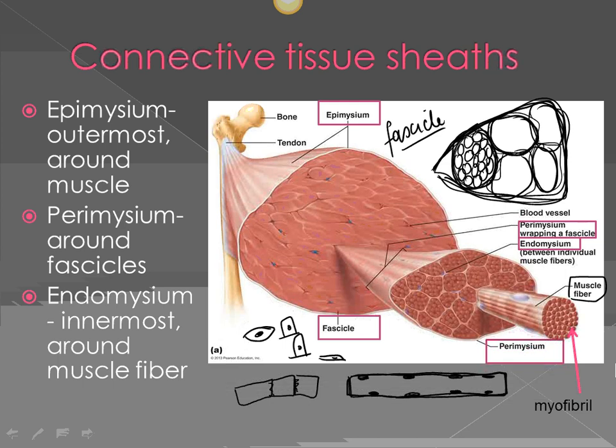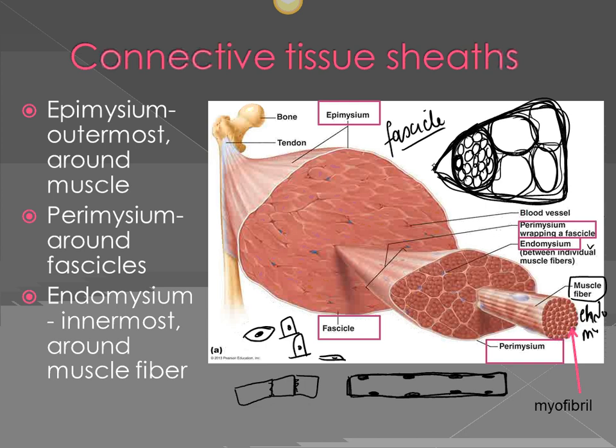They haven't labeled it, so I'll label it for you. Oh, here it is, sorry. Endomysium wraps around each individual muscle fiber. So this would be endomysium, this would be perimysium, and this would be epimysium.